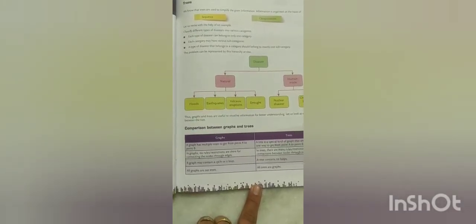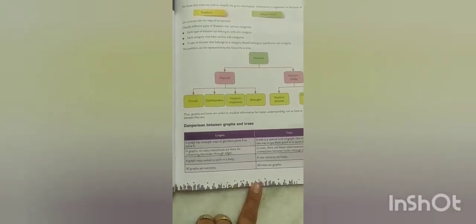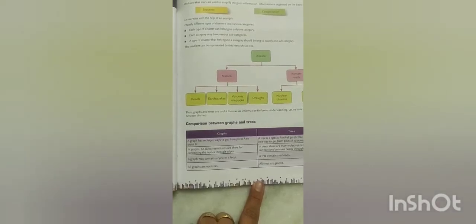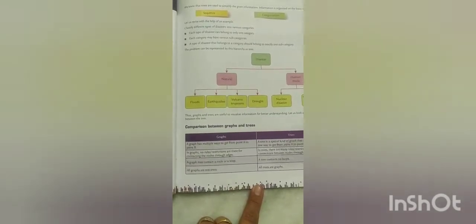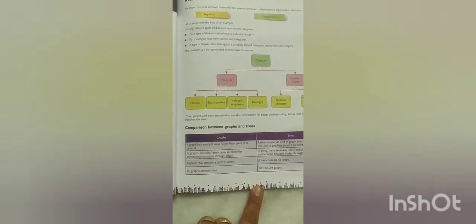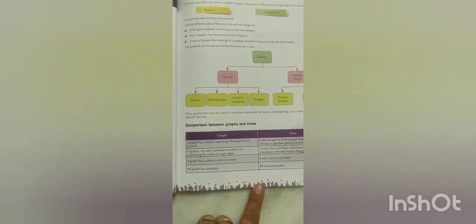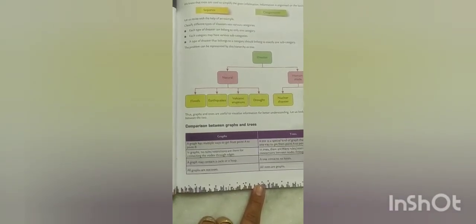Basically in trees information is organized on the basis of two things, that is sequence and categorization. Sequence means a kind of hierarchy, which is the main category, then subcategories, like this: the root node, then the main node, then the sub nodes. And categorization means all the nodes having the same property will come under one category, and all other nodes having some other properties will come under another category.